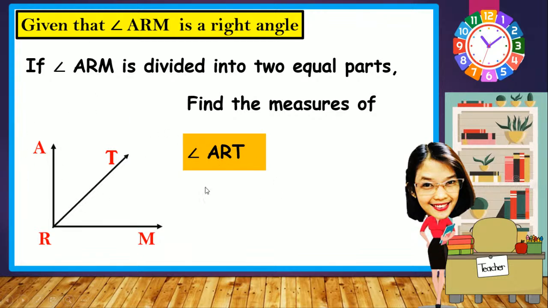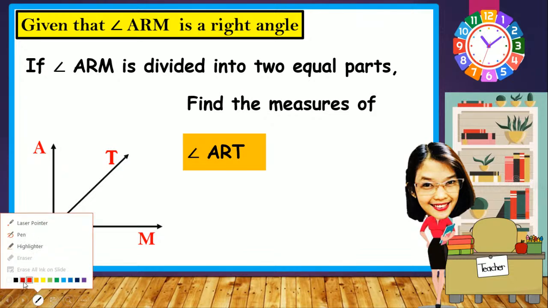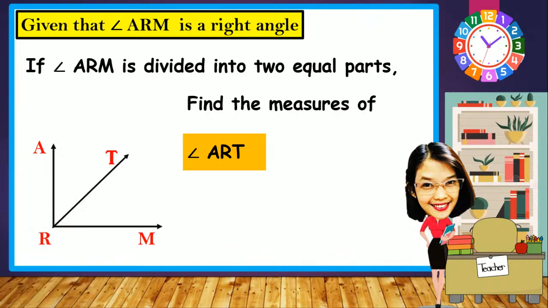So, if this is divided into two equal parts, then what is the measure of angle ART? Type your answers. That's correct. 45 degrees. So the measure of angle ART is 45 degrees.